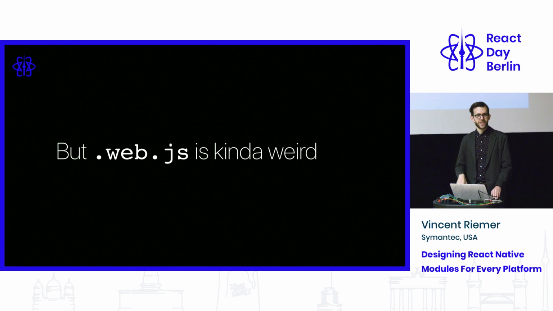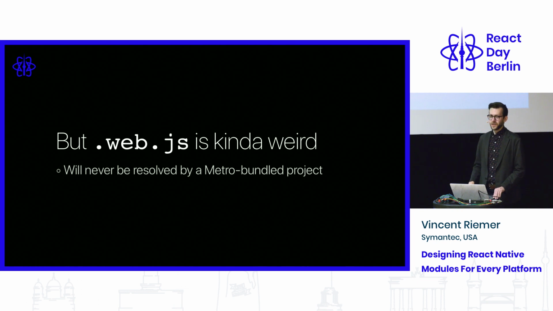Just a little side note, .web.js is a little weird. In reality, it will never be resolved by a Metro bundled project, because React Native Web, which represents this web platform, isn't bundled with Metro.